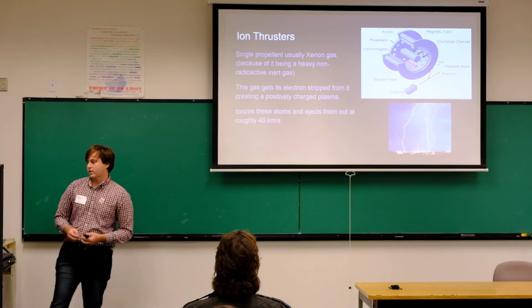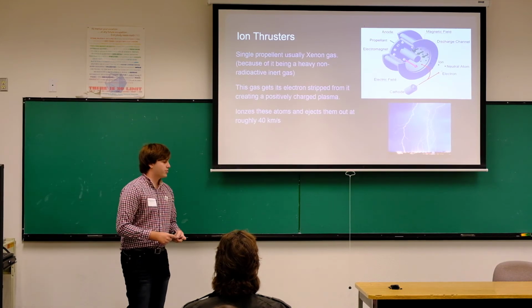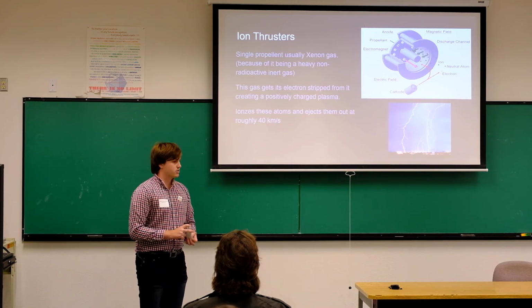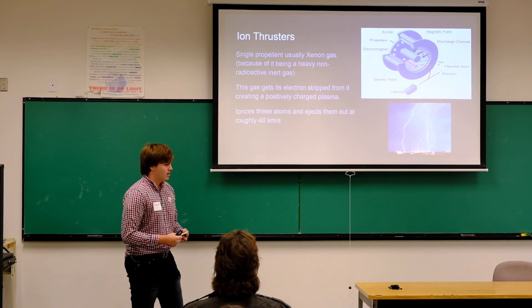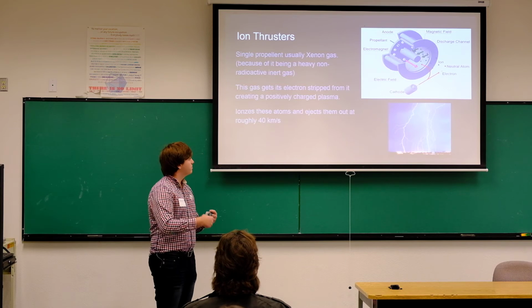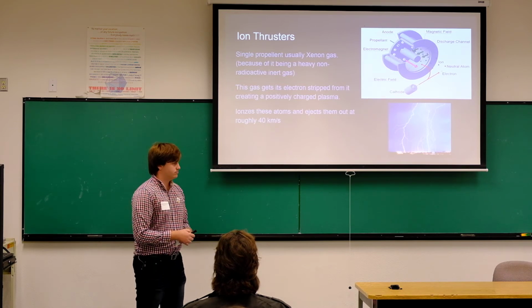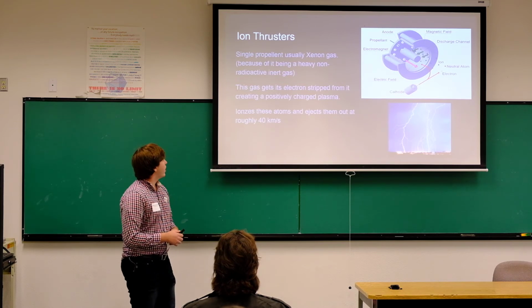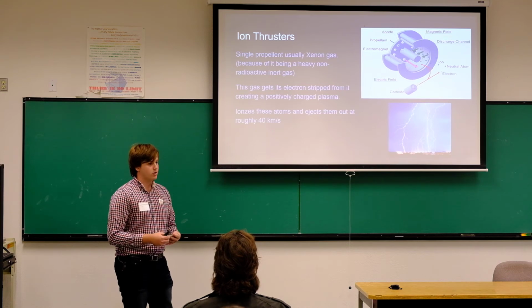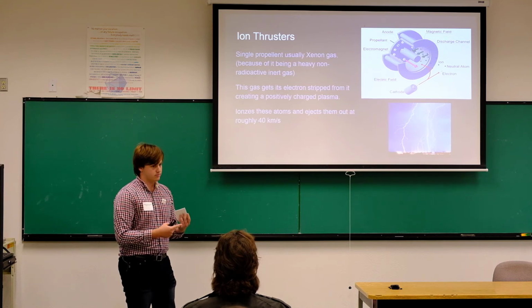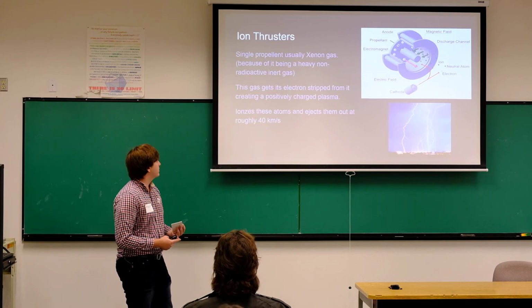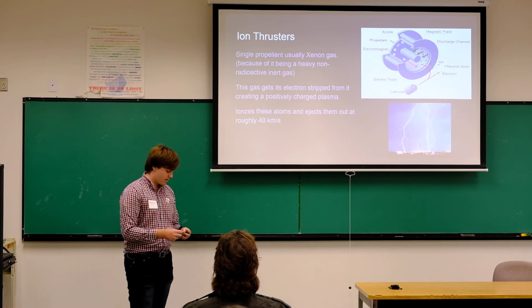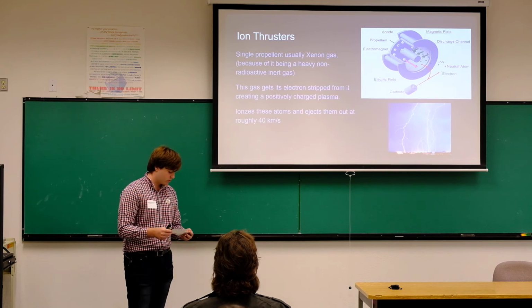Another thruster is the ion thruster, and these are really cool, extremely futuristic, and hopefully we get better research within the next 5-10 years. So ion thrusters use a single propellant, so you don't need a fuel and an oxidizer. You need xenon in this case, and they use xenon gas because it is a heavy non-radioactive gas.